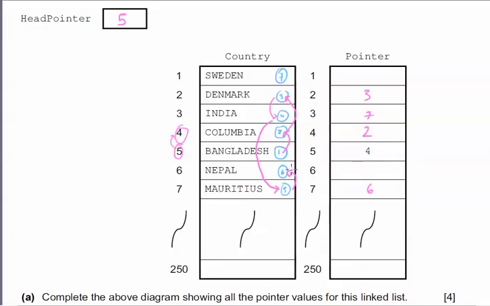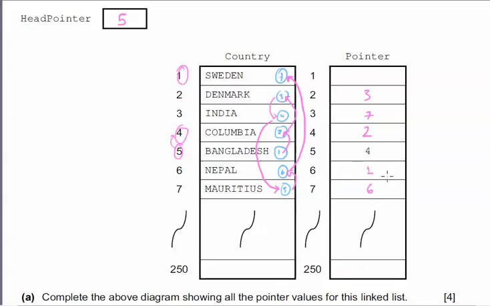And then from 6, we're going to the last location, which is location 1. So we want 6 to point to location 1.